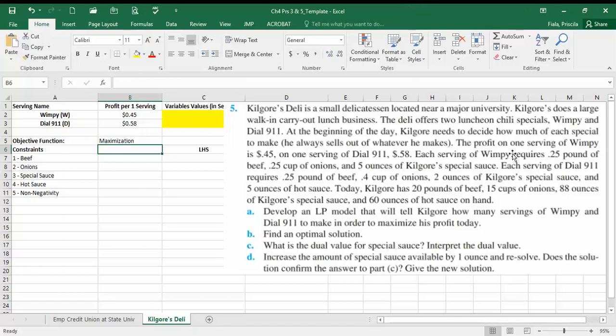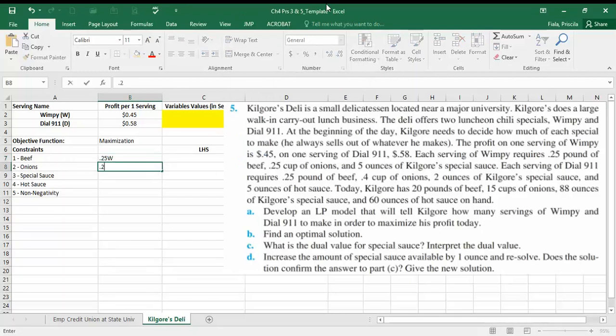So let's go ahead. The profit on one serving of Wimpy. Then each serving of Wimpy requires 0.25 pound of beef. The best way I put it here, the constraints, and I'm going to do that. We have 0.25 Wimpy for beef.